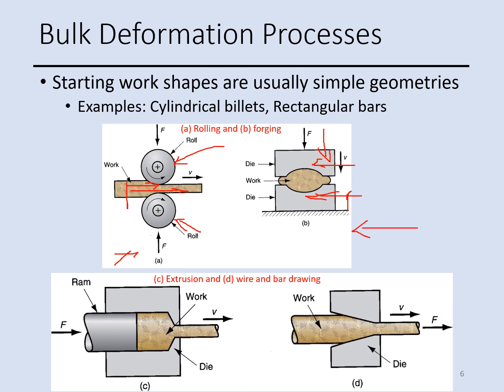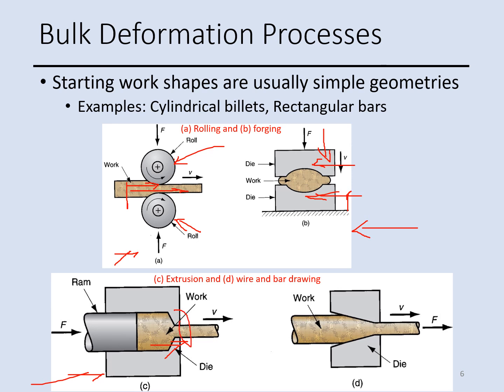The third process is extrusion, where we have a compression process. The work metal is forced to flow through a die opening like this one. As you see, we have a die, and the part will take the shape of that opening.